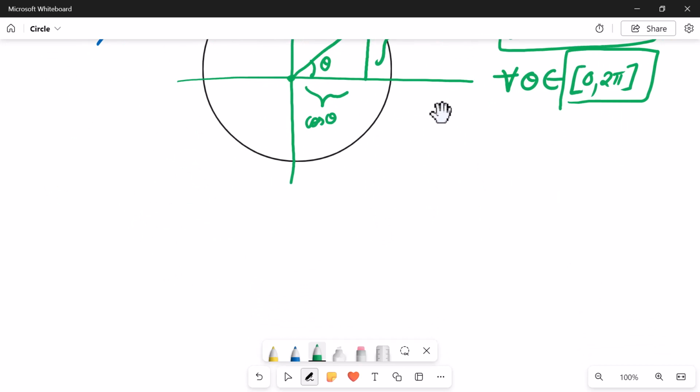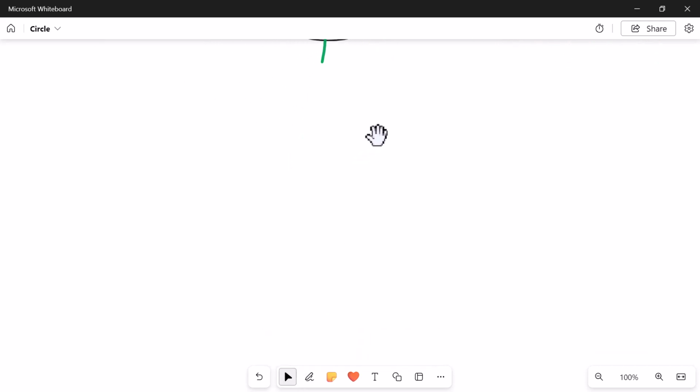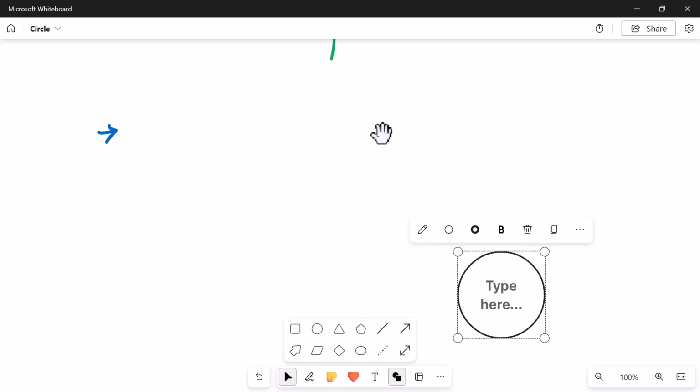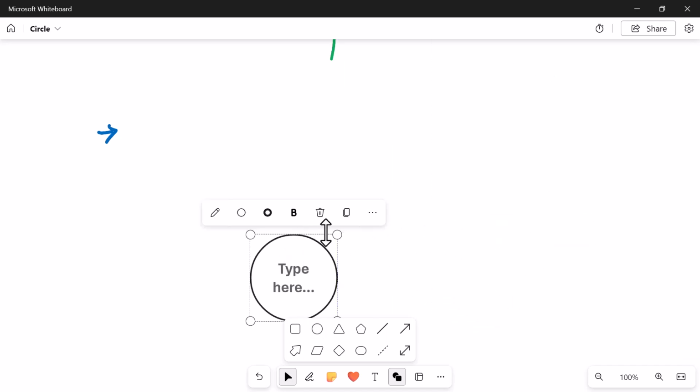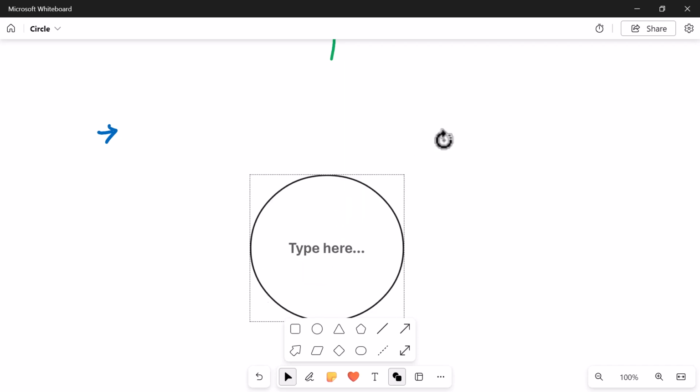Now we'll discuss the theory behind our polygon, of how we'll be drawing the polygon inside our unit circle. So let me draw another circle over here so as to show you what approach we'll be following. Let me make it a little bit bigger.